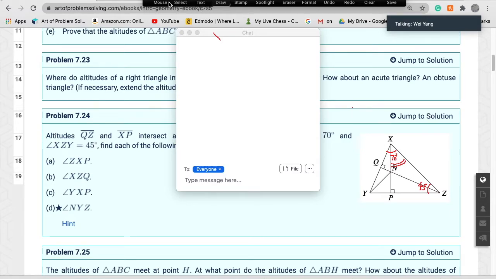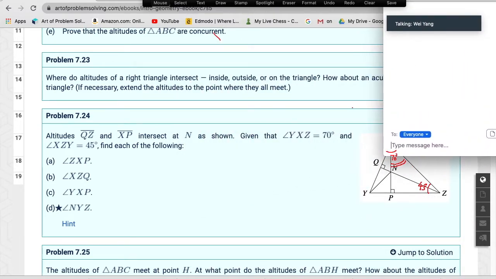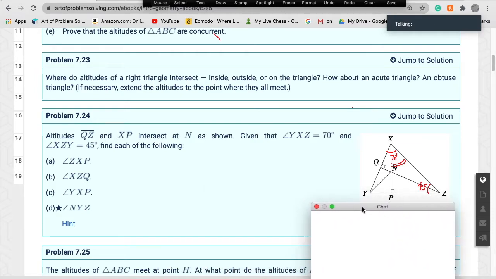They already give you angle XZP, or XZY, equals 45 degrees. Then you can consider, yeah, Emily, you're right, triangle XPZ, this is a right triangle. This angle P equals 90 degrees.